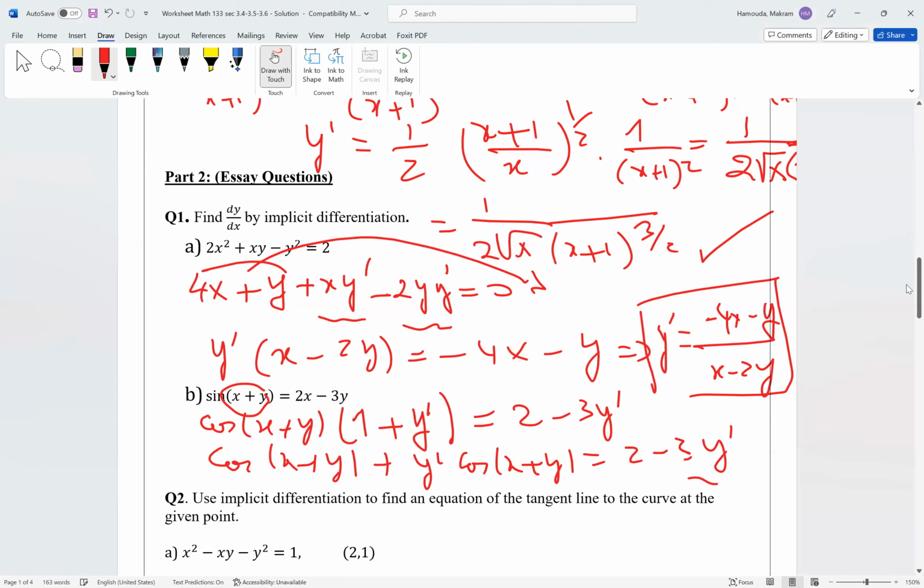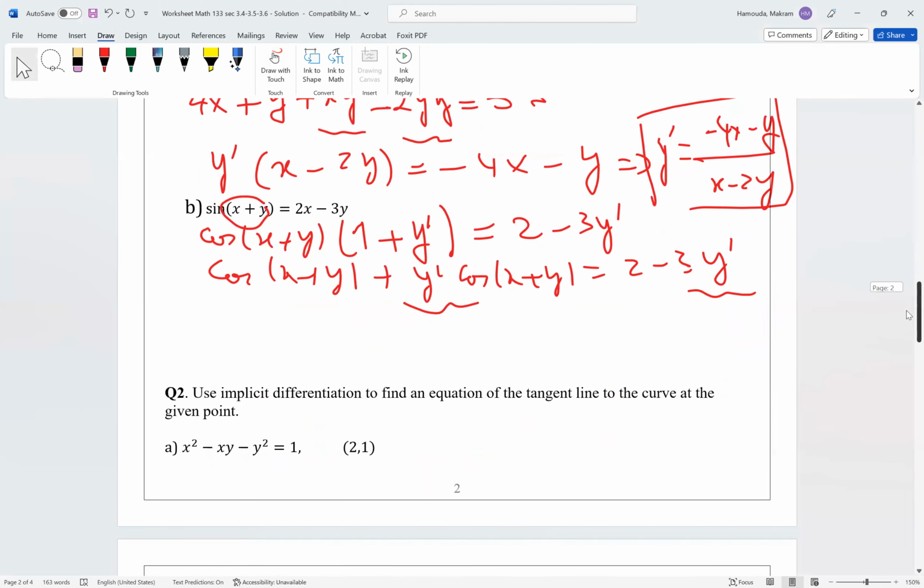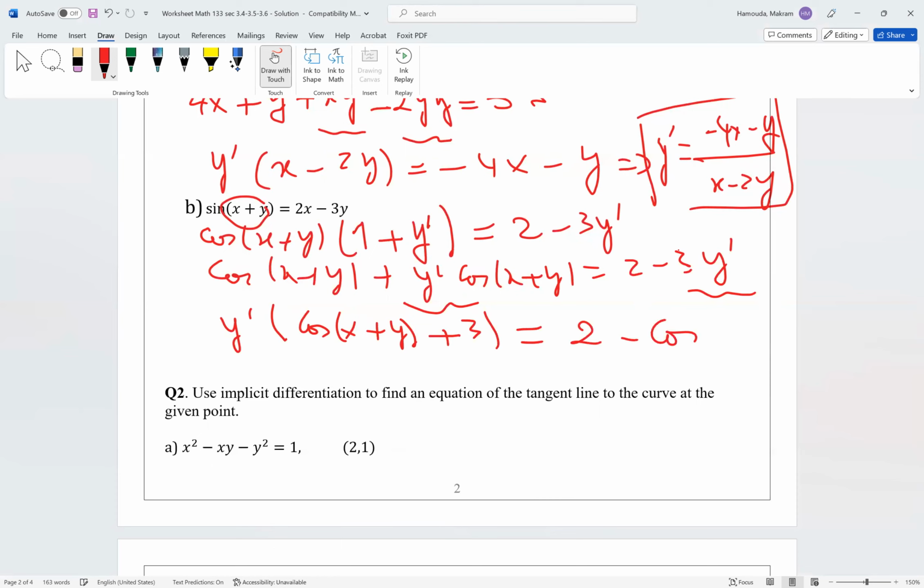You see that there are two terms with y prime. Put them together and then you will find y prime. Let me just make some space here. Okay, and then now I will have y prime as a common factor: cosine of x plus y plus 3, since this moved to the left, equal to 2 minus cosine of x plus y.